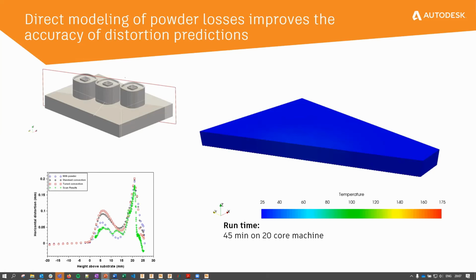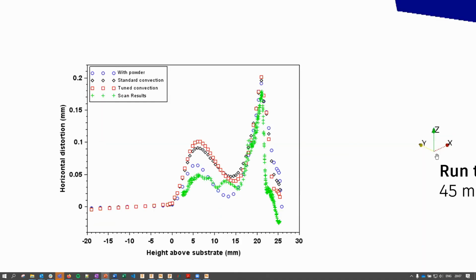Now, when we actually do the solve, and let me just zoom in over here to show you, when we did the solve with the solver, we got the results as shown with the black dots. So the black dots over here showed exactly what the solver said should go wrong, which is this over here. But what we actually captured while printing the part and then scanning was the green lines.